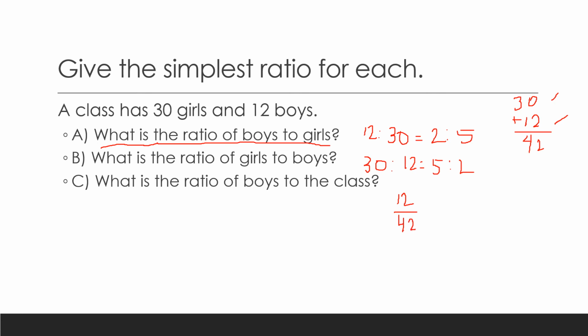We can write that in the simplest form by dividing both sides by 2. 12 divided by 2 is 6, and 42 divided by 2 is 21.